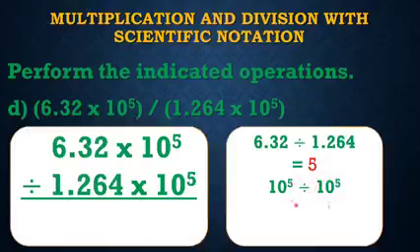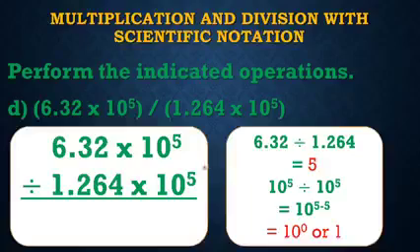That is 10 raised to 5 minus 5. And 5 minus 5 is equal to 0. And by the arithmetic rule, any number raised to 0 is equal to 1. So that means 10 raised to 5 divided by 10 raised to 5 is also the same as 10 raised to 0, or that is 1.